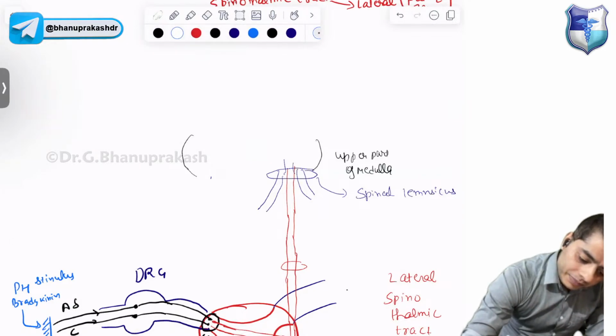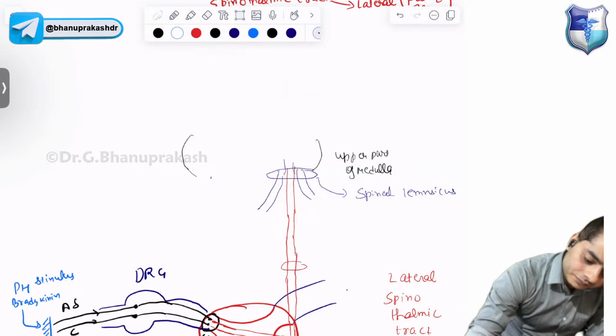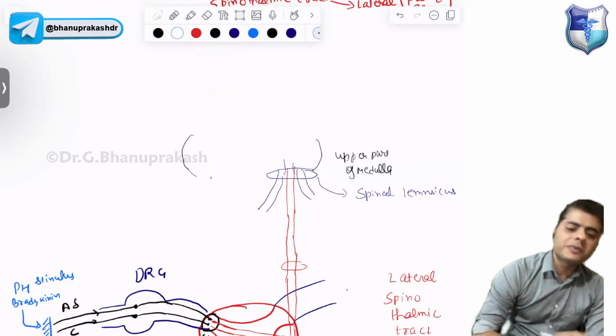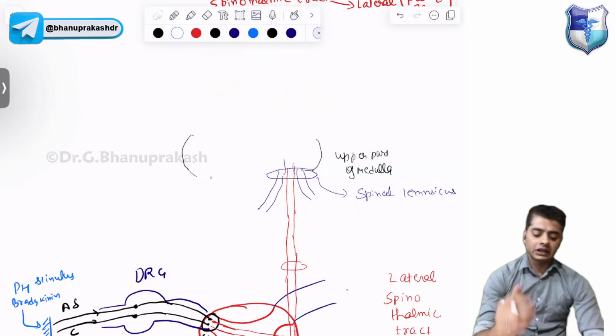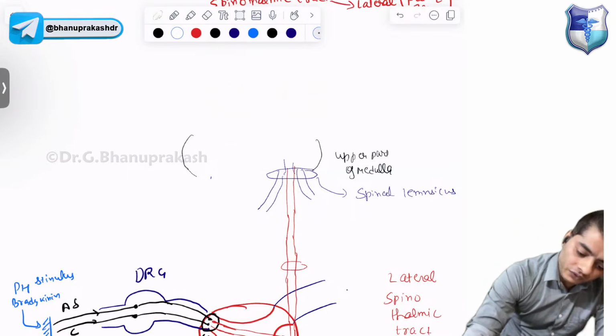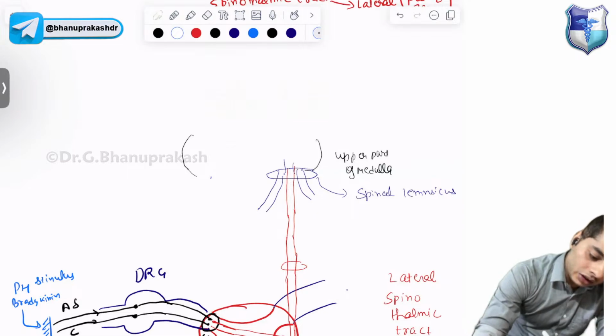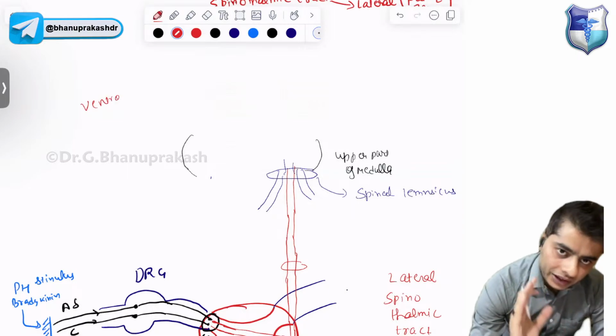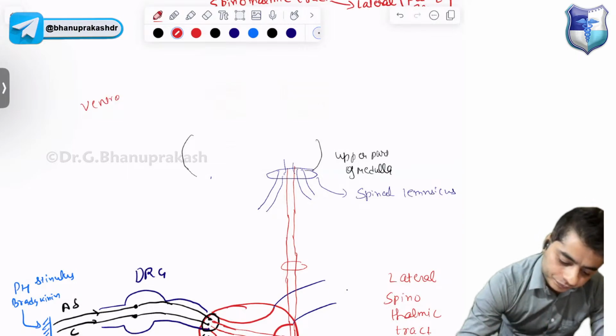Now, there is a special area. This is thalamus. And there's a special nucleus in thalamus where they terminate, which is VPL, the ventro posterior lateral nucleus of thalamus.